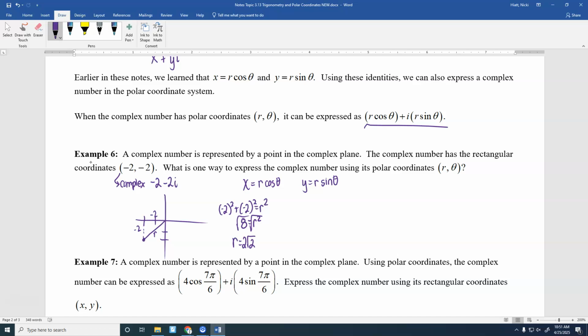And then our angle, in this case, we're going all the way around here. Tangent of theta is going to be -2 over -2, so 1, right? And where does tangent equal 1 in that third quadrant?